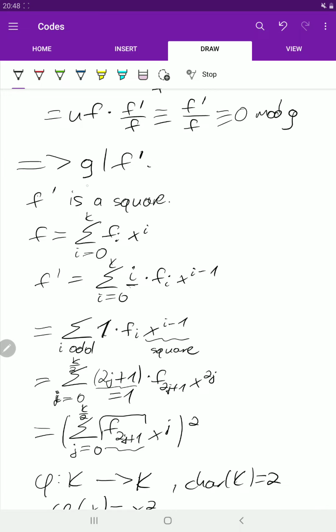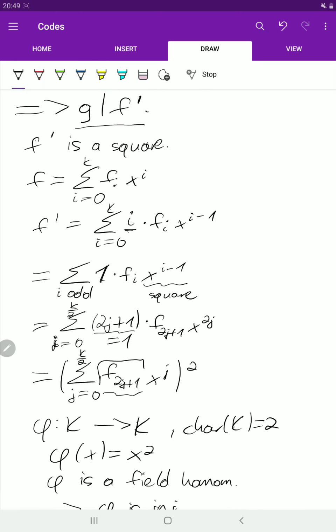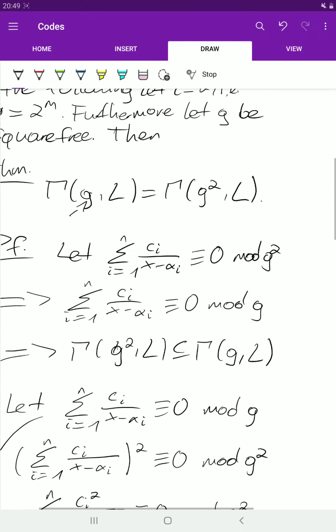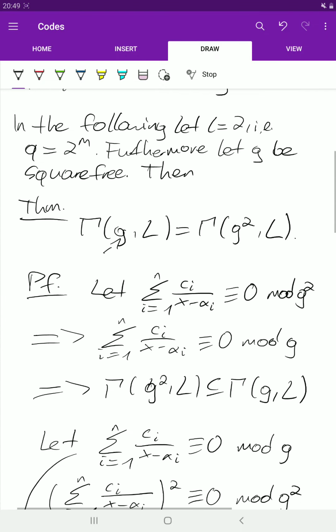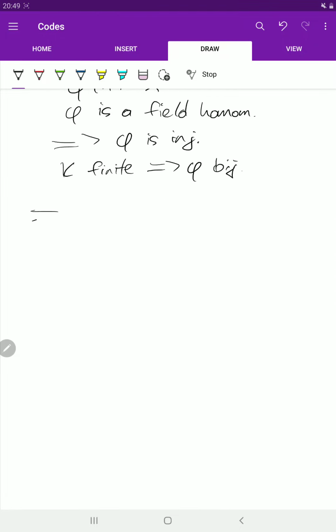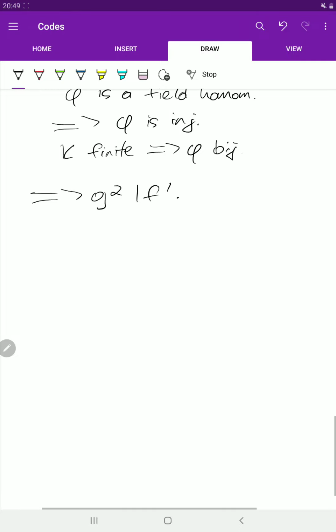So let's take a short reminder. So we have g divides f prime, which is a square, and now another reminder, so the proof is getting rather long. So g is square free. So we get that actually g squared divides f prime. Okay, so that's great, because what does that mean?